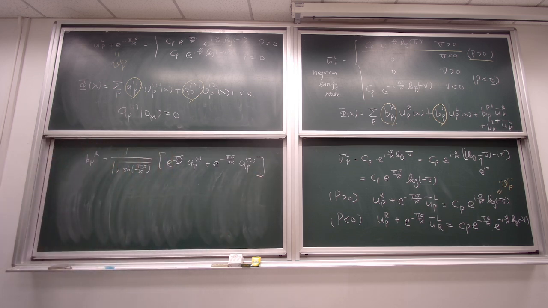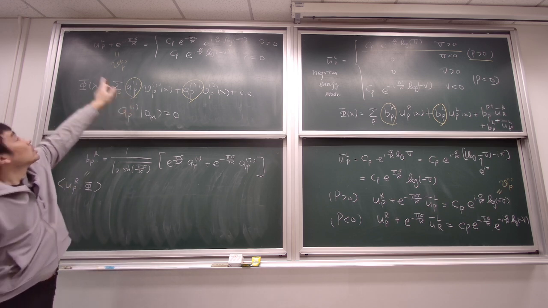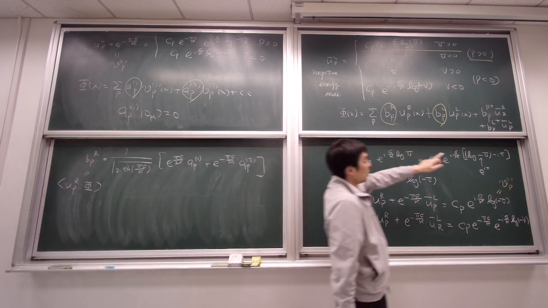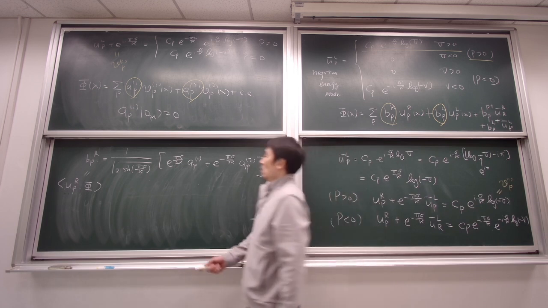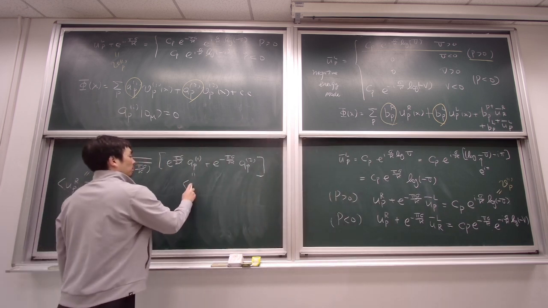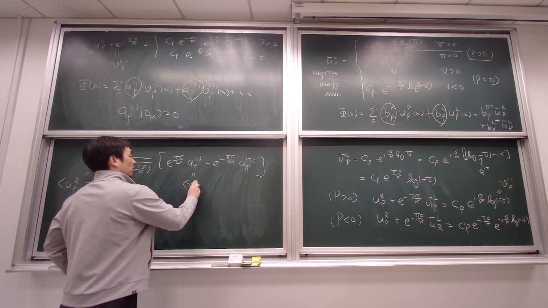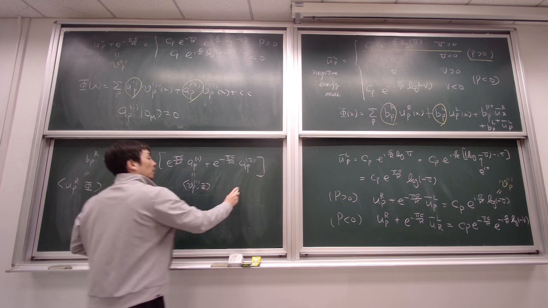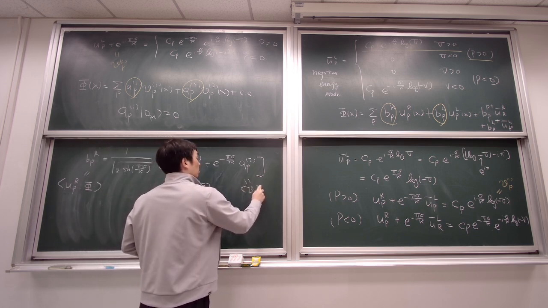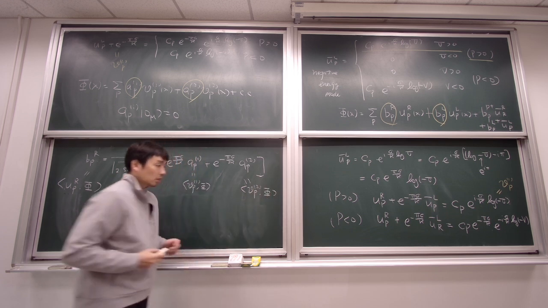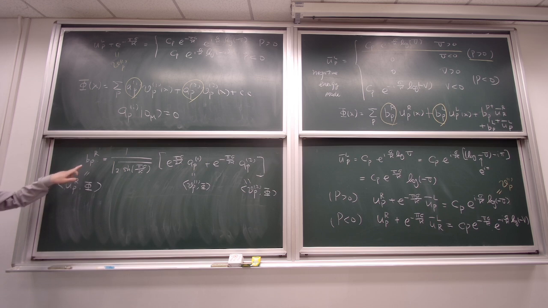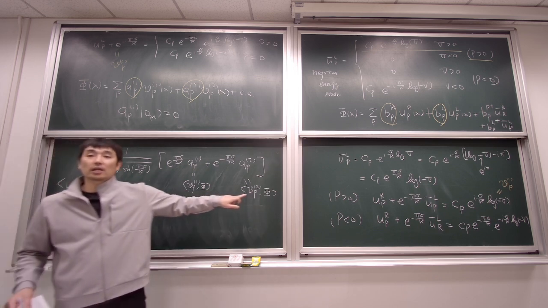That's the consequence of this guy being the UPR inner product with phi, and we know that UPR can be written in terms of BP1 and BP2. So this is in fact the inner product of BP1 with phi, and this one BP2 with phi. So if you know the relation between U and B, one can obtain this.